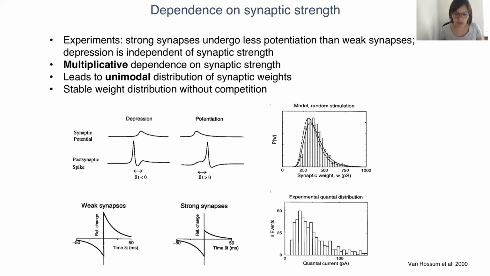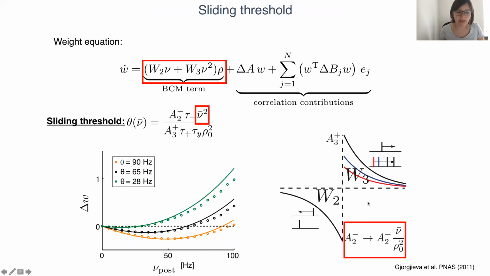What is important though, and I don't know if you want to know more about this, is there's a little trick. Remember the BCM rule has this sliding threshold. So it has a threshold that can slide in time. We had this differential equation for theta. In the rate-based case this can be implemented to sense the postsynaptic activity.